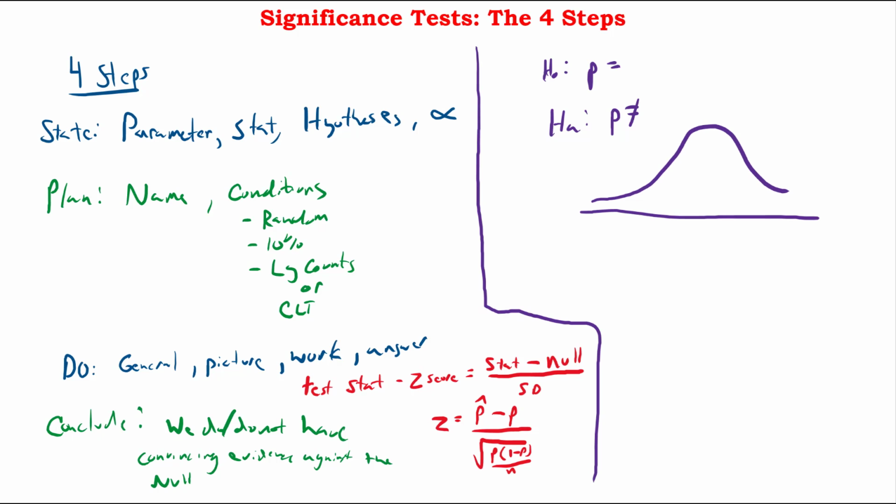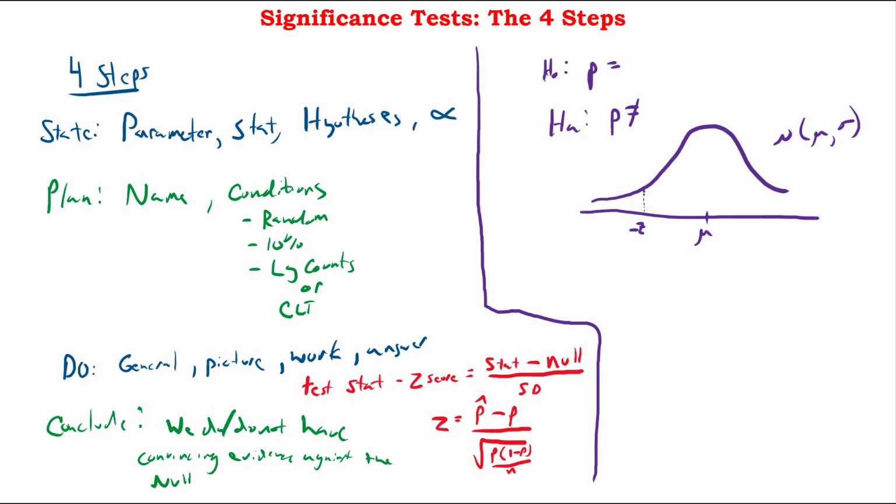So let's say you have a normal curve here, with your mean and your standard deviation. And let's say your z-score is a negative value right here, so you've got a negative z-score.